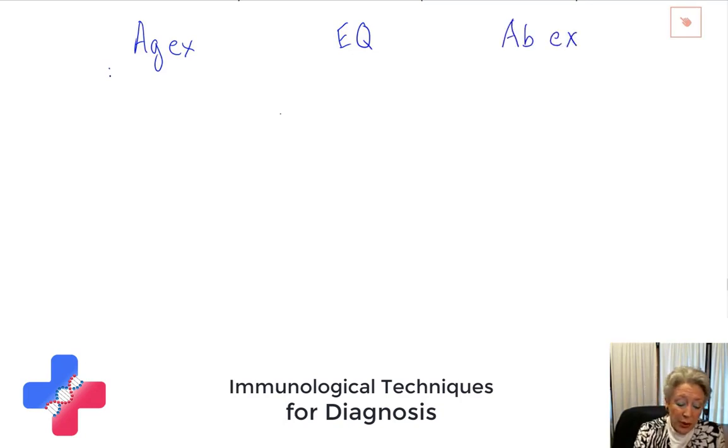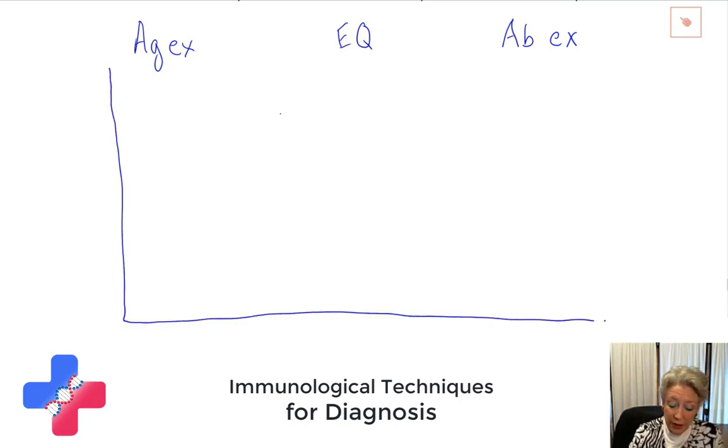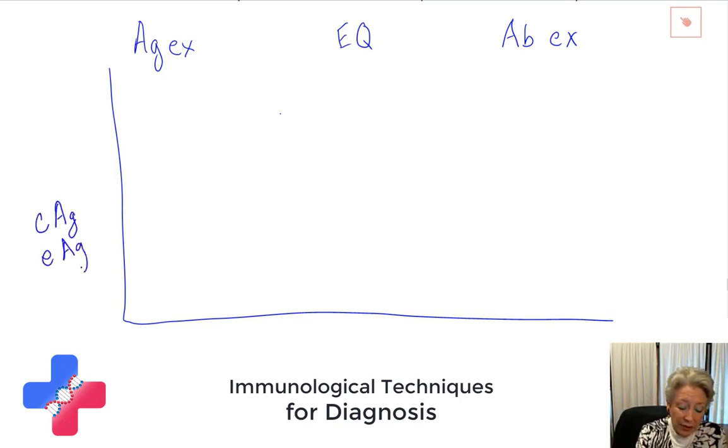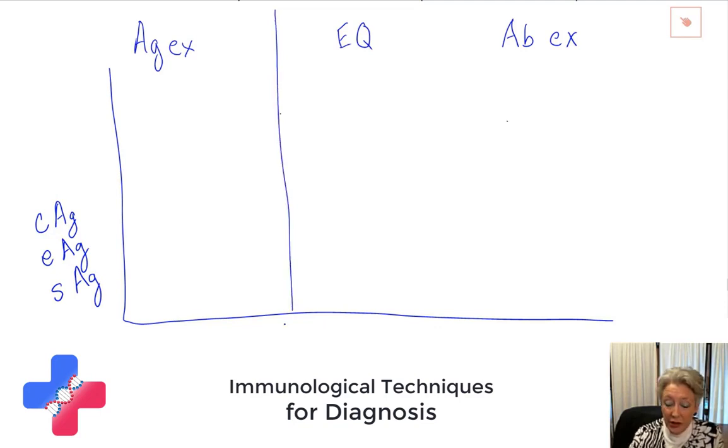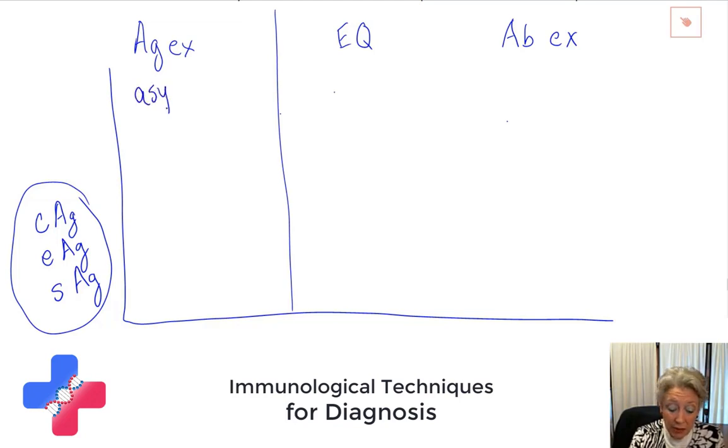And if I superimpose upon that the fact that in hepatitis B, I have three antigens, C antigen, E antigen, and S antigen, realize that in the period of antigen excess, I would be able to measure each of those early in the infection. In fact, as you'll see, these begin during the asymptomatic period.